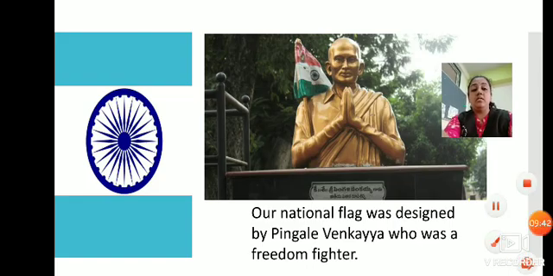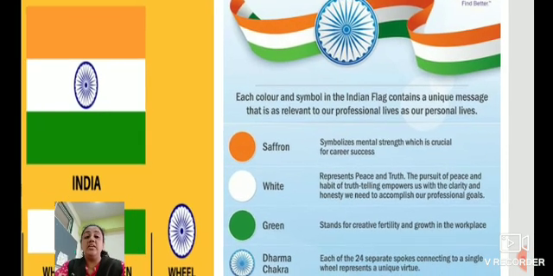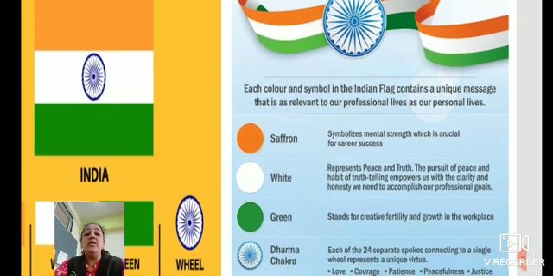So in this way we saw that each color and symbol in the Indian flag contains a unique message that is relevant to our professional as well as personal lives. Got it? See here, one more time it is given. Saffron symbolizes strength, success.